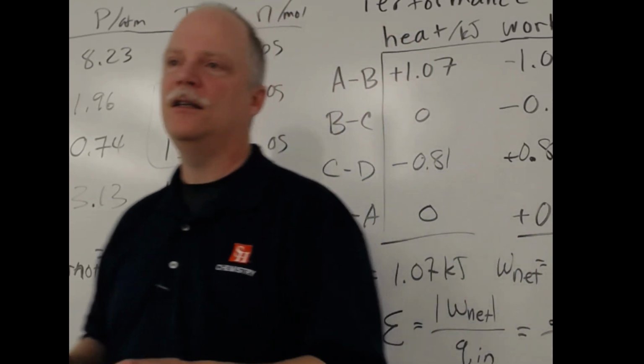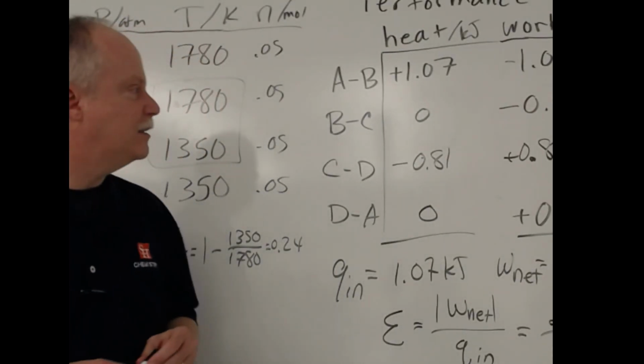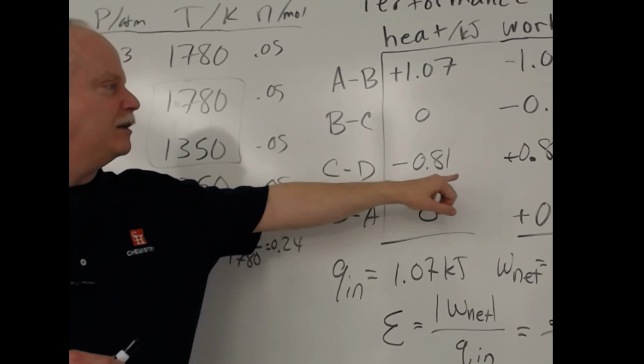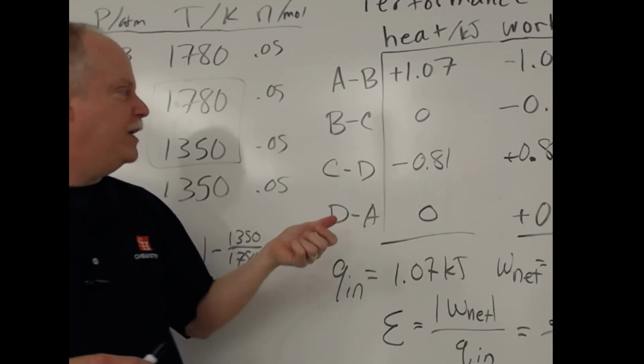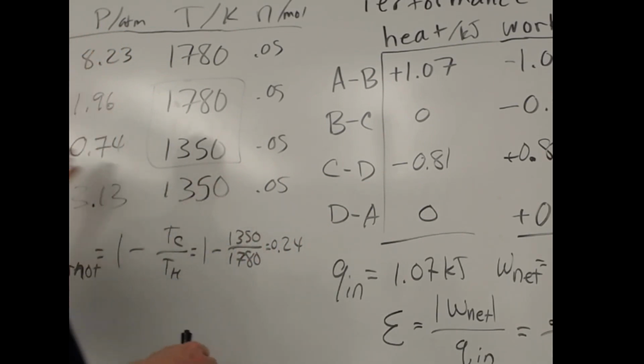Yes? For the work from C to D, how did we go to a positive value on the work? Because we put in VC and VD. So we're going to D from C, and D is smaller. So the fraction was less than 1.